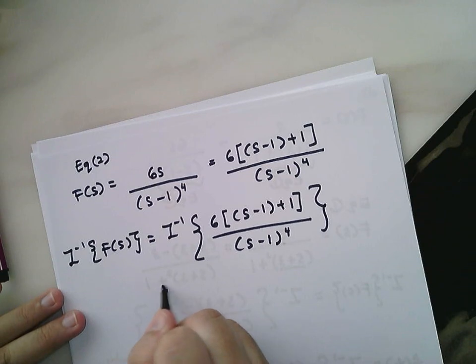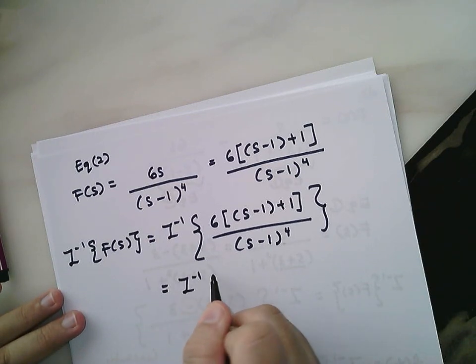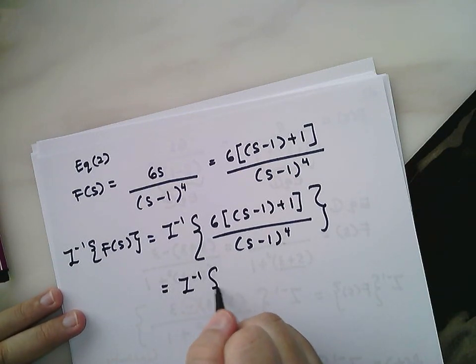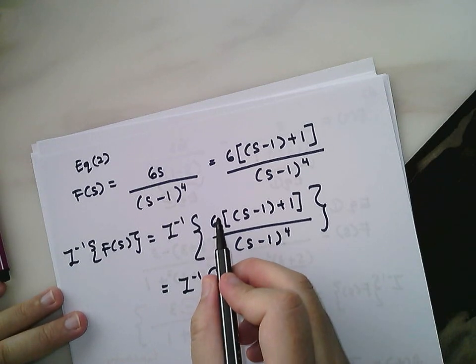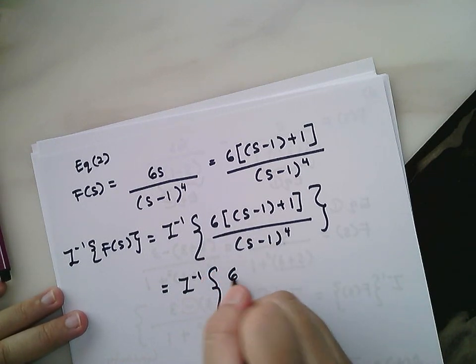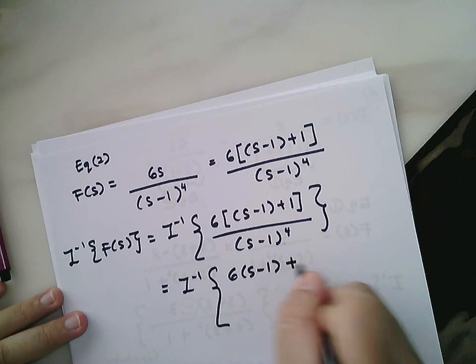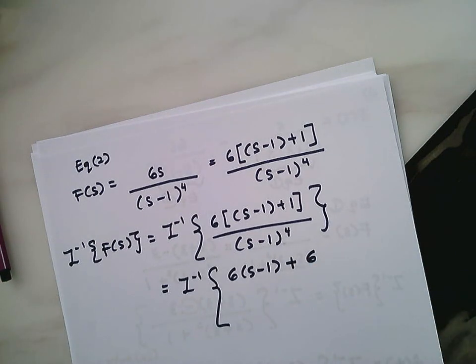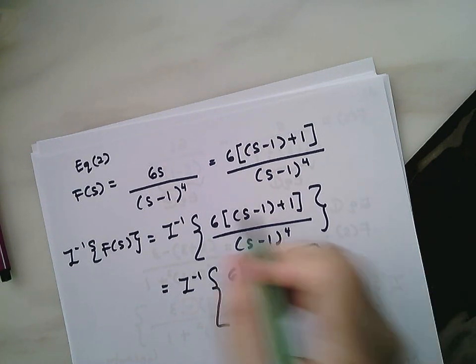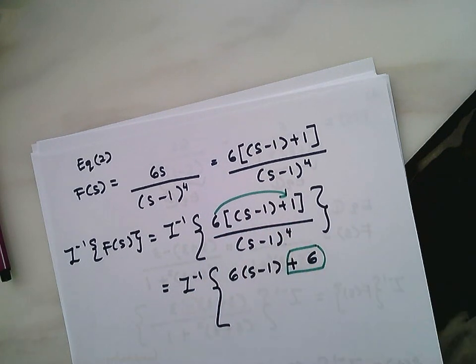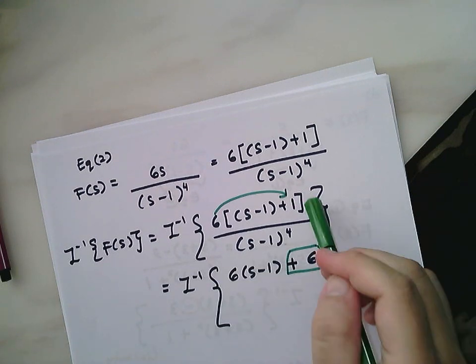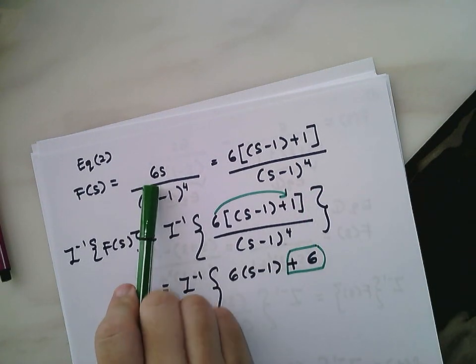So simplify first. You will have 6 times (s minus 1) plus 6. Where did I get plus 6 here? It's from here. Why don't we have any value right here? Because you just have 6s.